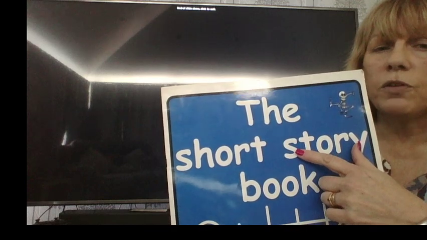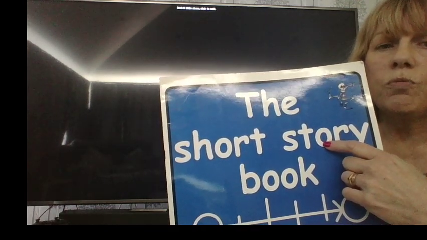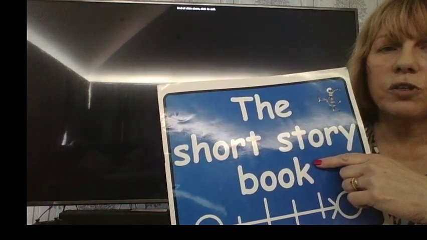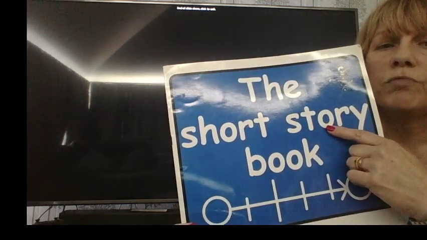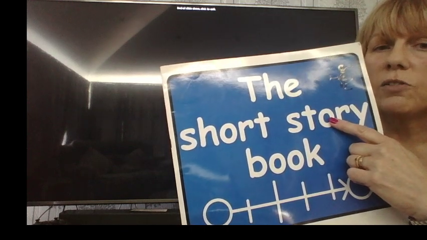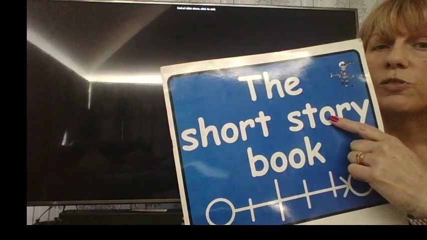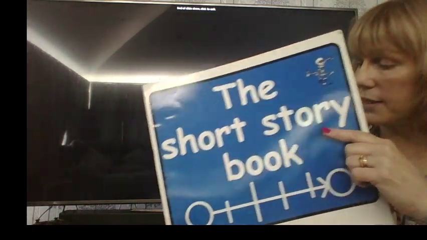Now for some of you, you won't be writing the actual short story, but you will be reading some short stories, so this could be quite useful for your reading as well. And if you are in Doncaster, Doncaster are doing some competitions for writing short stories, so that might be a useful thing to do with your children over Easter.